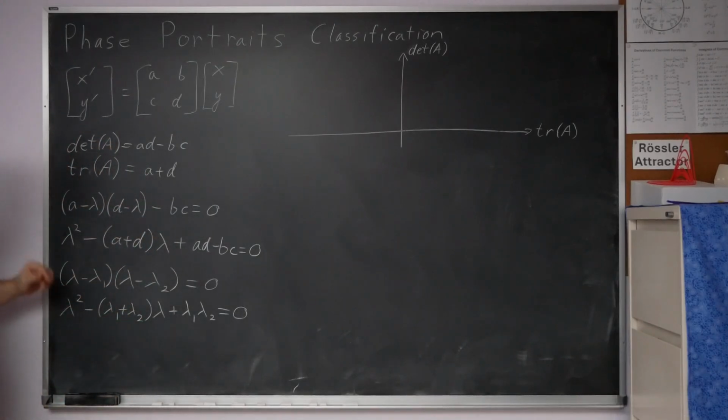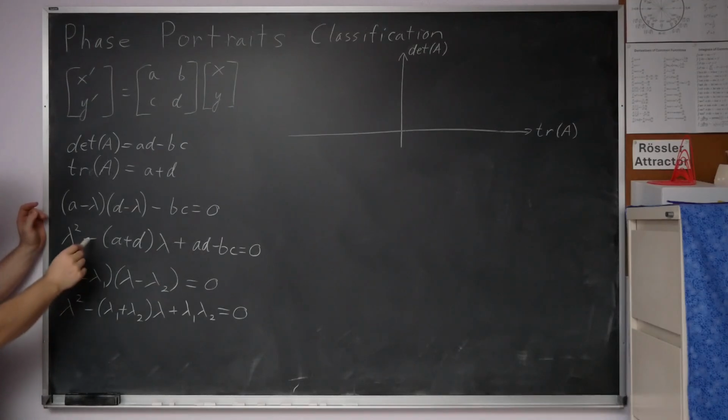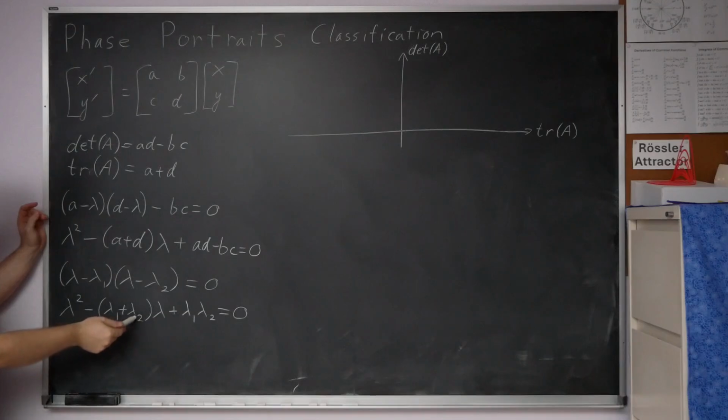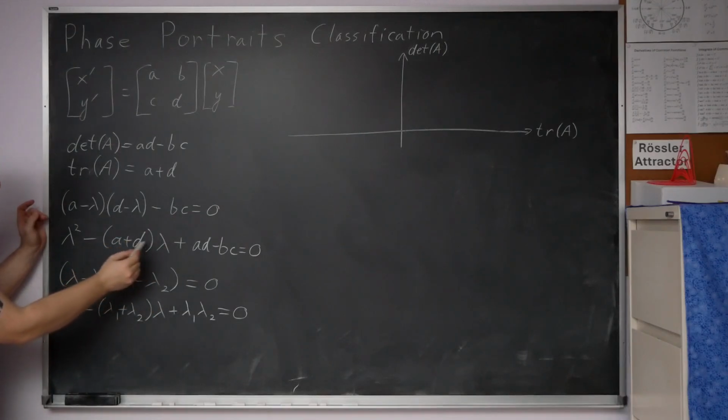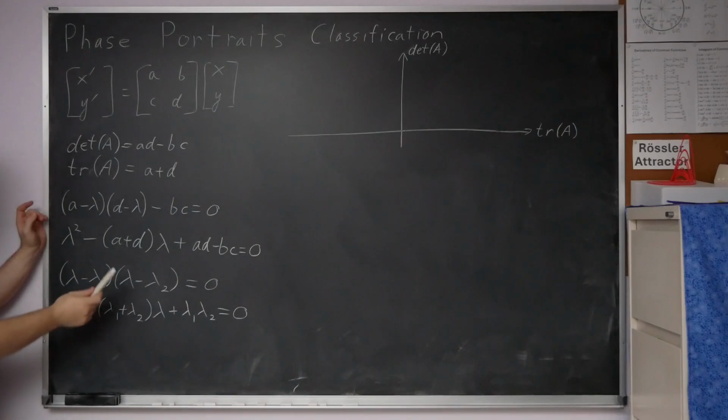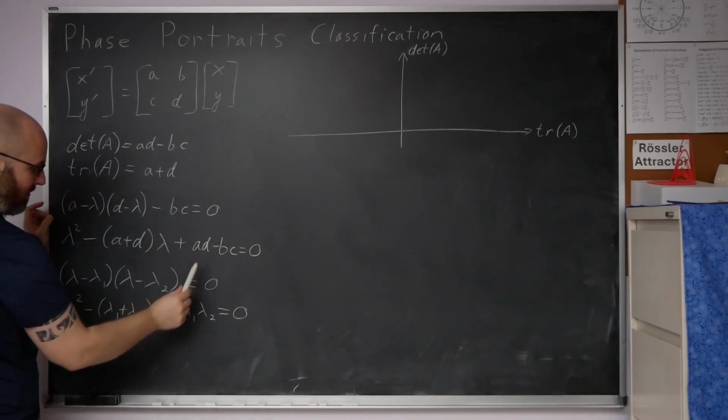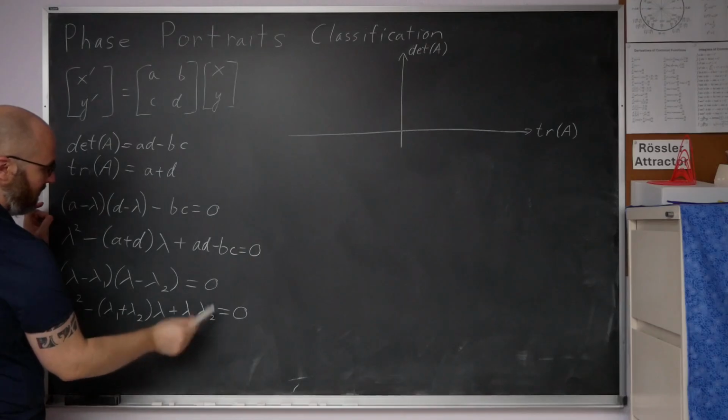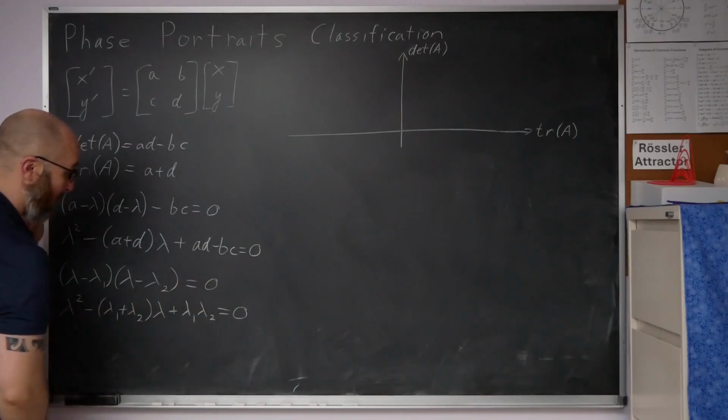So now if we match these up, I've got 1 times lambda squared on both of them. But here I have lambda 1 plus lambda 2, here's A plus D, the coefficient in front of the lambdas. Then the constant term I have here lambda 1 times lambda 2, and here I have AD minus BC.